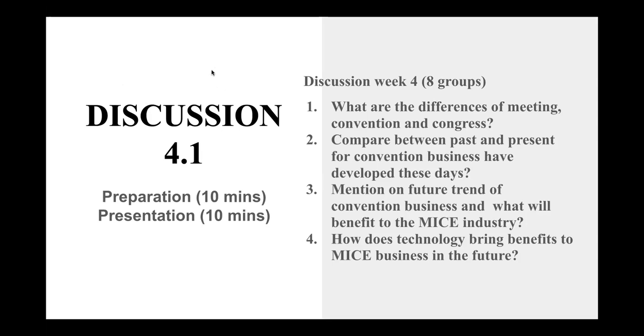Good morning, everyone. We are from Group 2. Today, we're going to tell you about the differences between meeting, convention, and congress. Convention: a gathering of delegates, representatives, and members of a membership or industry organization convened for a common purpose.